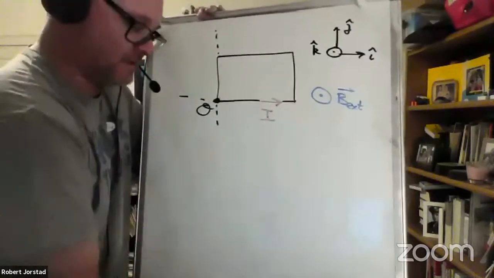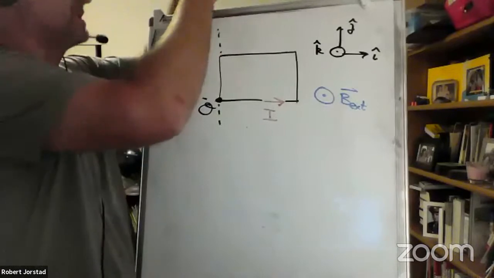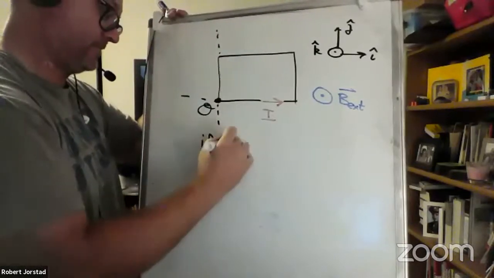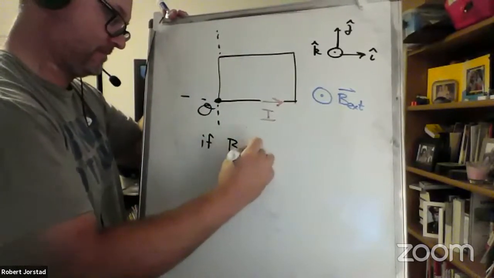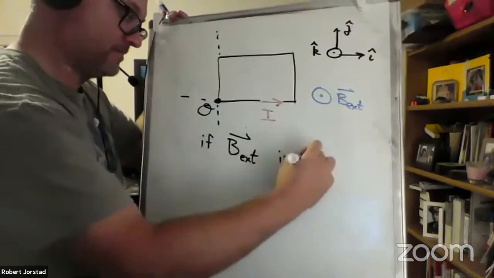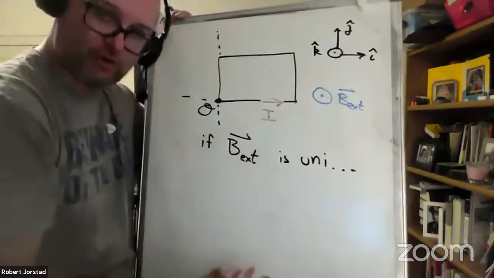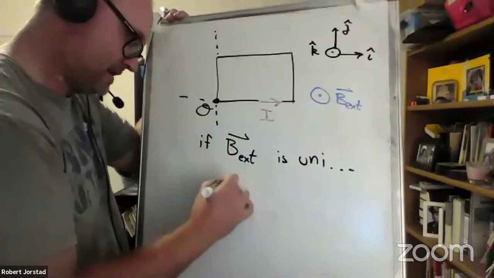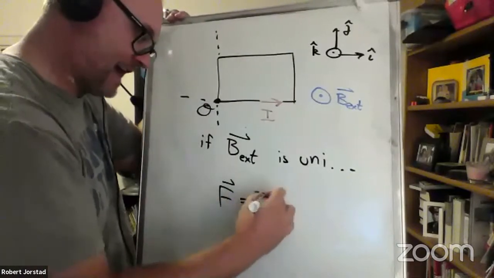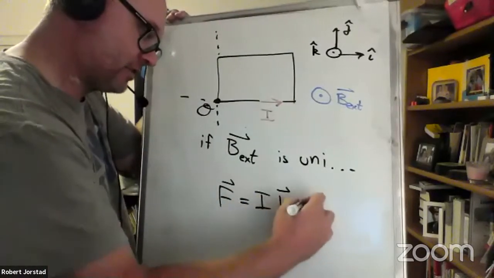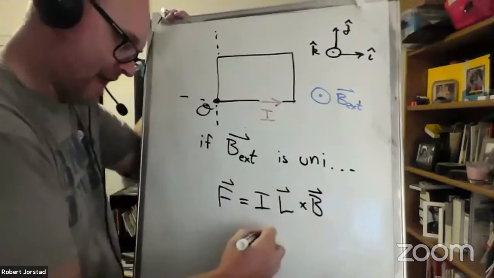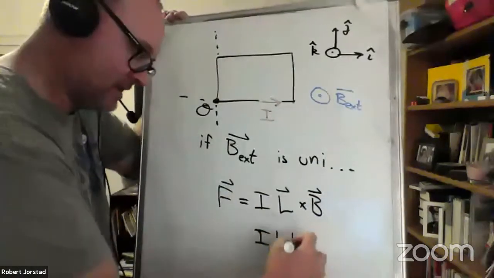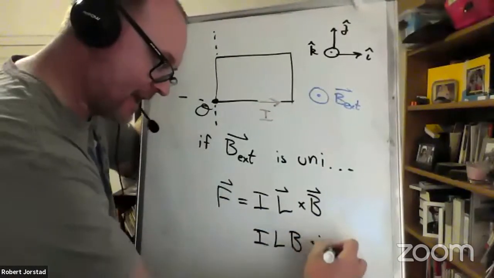If your B field is uniform, so let me write this. There's a shortcut. Skip the integral, and it's just I L cross B, which is I L B sine of the angle.